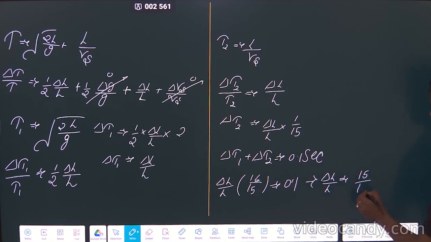15 by 16 into 0.1 into 100, because I want to calculate the percentage. So the percentage, if I calculate, I will get how much? It will become 150 by 16. That value will be how much?